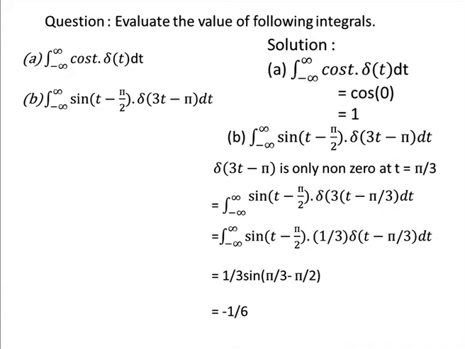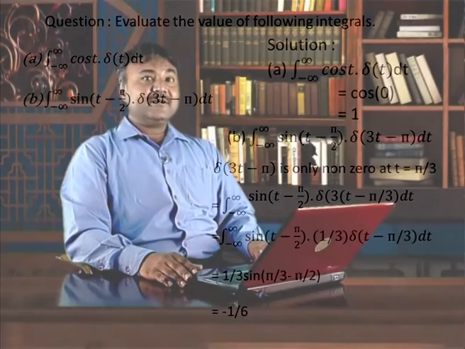Now the second, ∫ from minus infinity to plus infinity of sin(t - π/2) δ(3t - π)dt. Now, δ(3t - π) is only non-zero at t equal to π/3. Why? Because once we put t equal to π/3, then δ(3t - π) is δ(0). But here you have to remember one thing, first take 3 common, otherwise you will make a mistake.